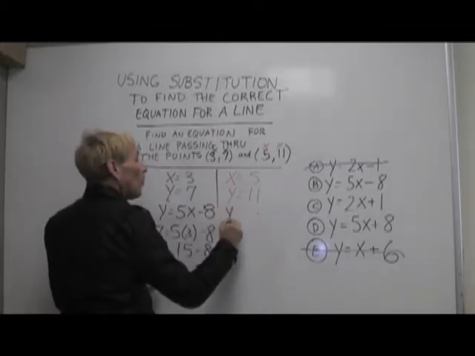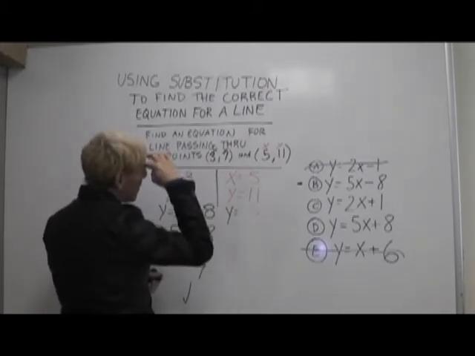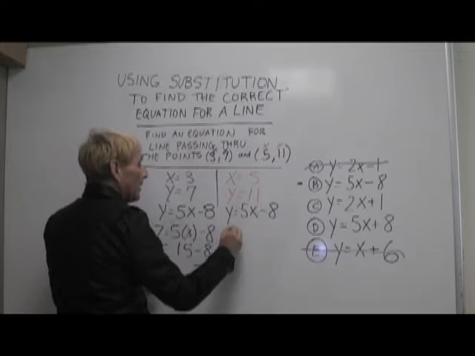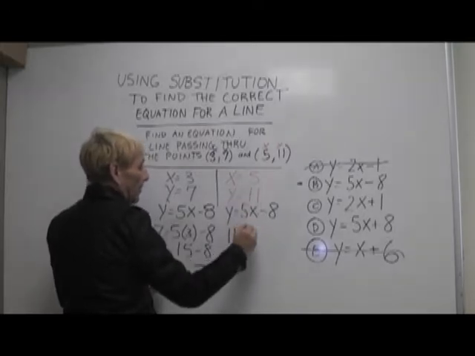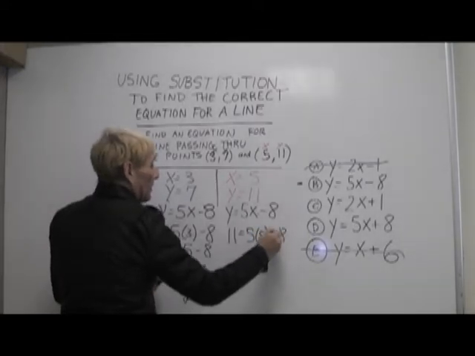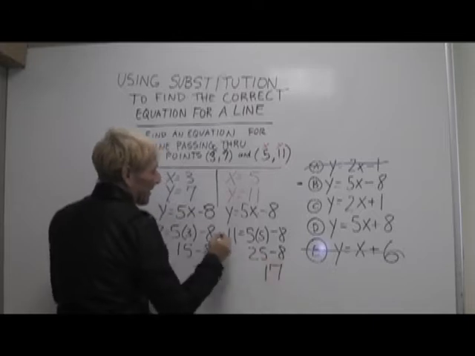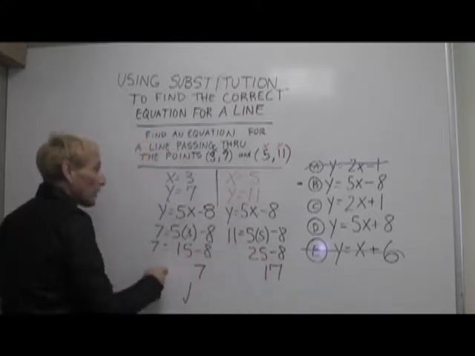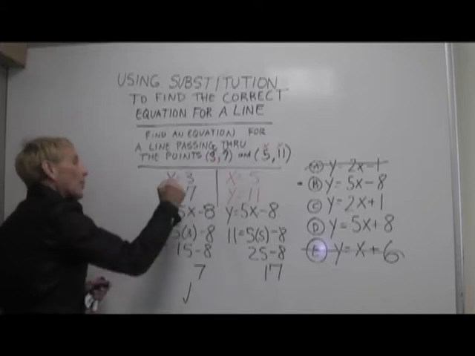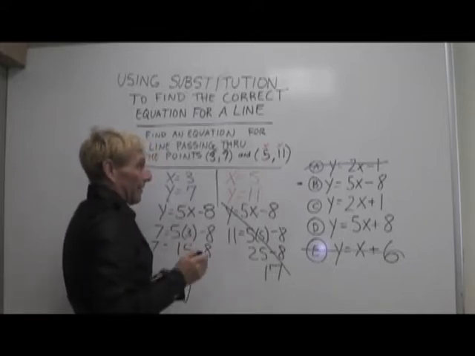So I'll try the same one here, trying B now. y, 11 equals 5 times 5, which is 25, minus 8 is not 11, it's 17. It worked for this point. It did not work for the second point, so it's also not a right answer.